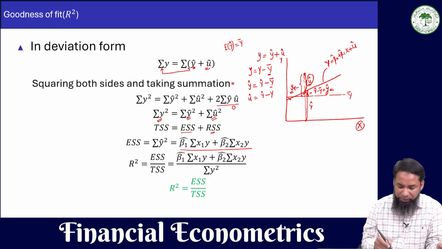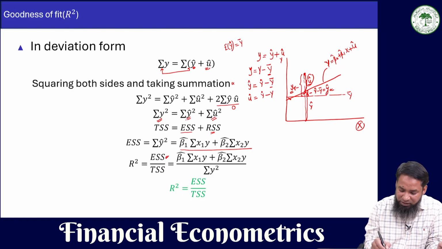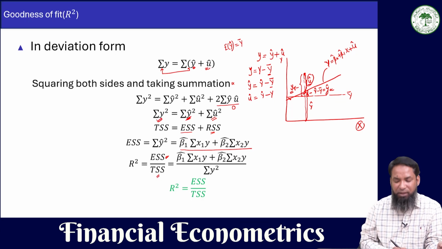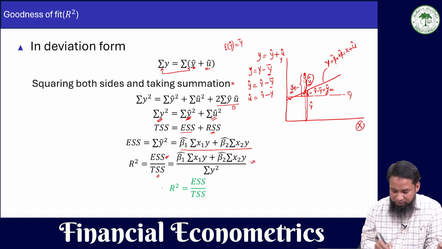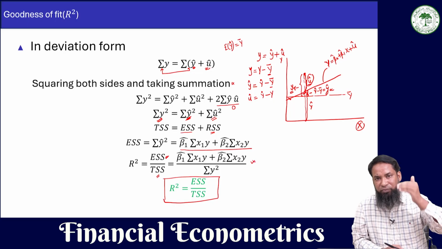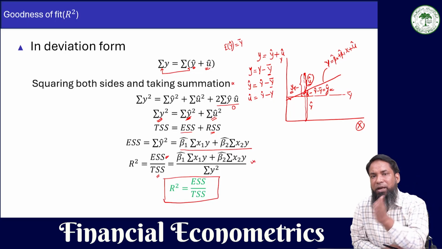So for that, we take the explained sum of squares, that is the variation which is being explained, divided by the total sum of squares, that is the total variation of y. This is nothing but the concept of r square, which says how much total variation is being explained by the estimated regression line or by the explanatory variables.